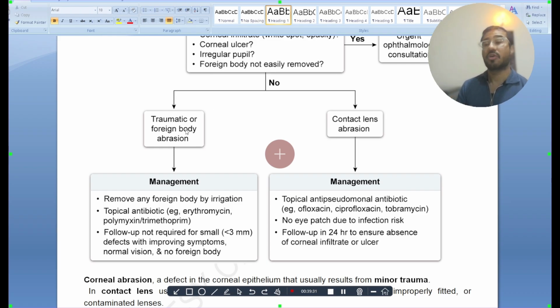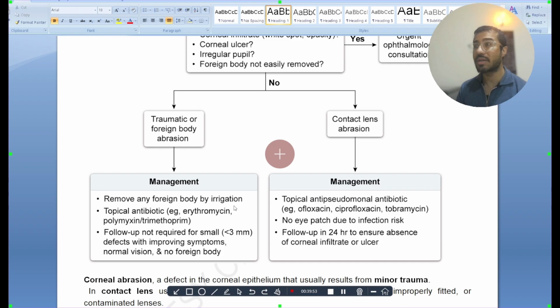If it's traumatic in nature, like the patient just rubbed his eyes and the cornea got desquamated, then what are you gonna do? You're gonna use the antibiotics that we use for normal bacterial conjunctivitis. For bacterial conjunctivitis due to contact lens, fluoroquinolone drops.